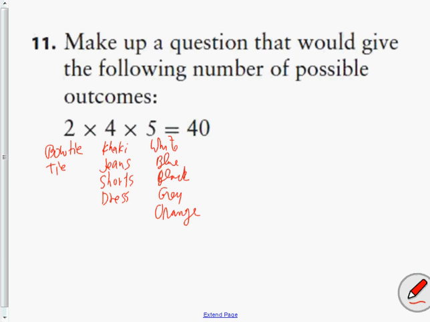So if this was my question, how many combinations would I have? One combination would be a bow tie with shorts and that orange shirt. Or a bow tie with khakis and a white shirt. If we take those individual outcomes, there are 40 different combinations of clothing I could wear using that example.